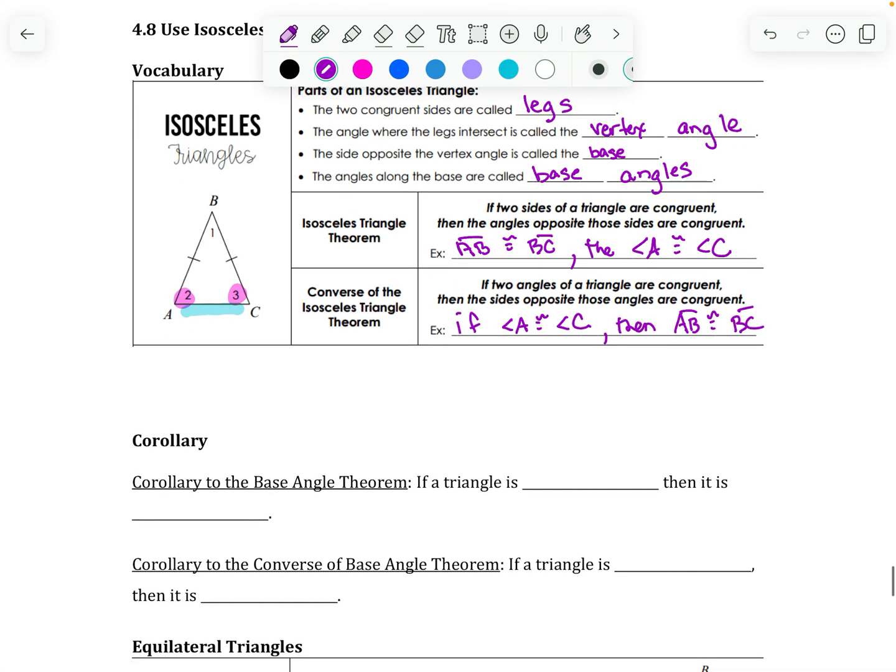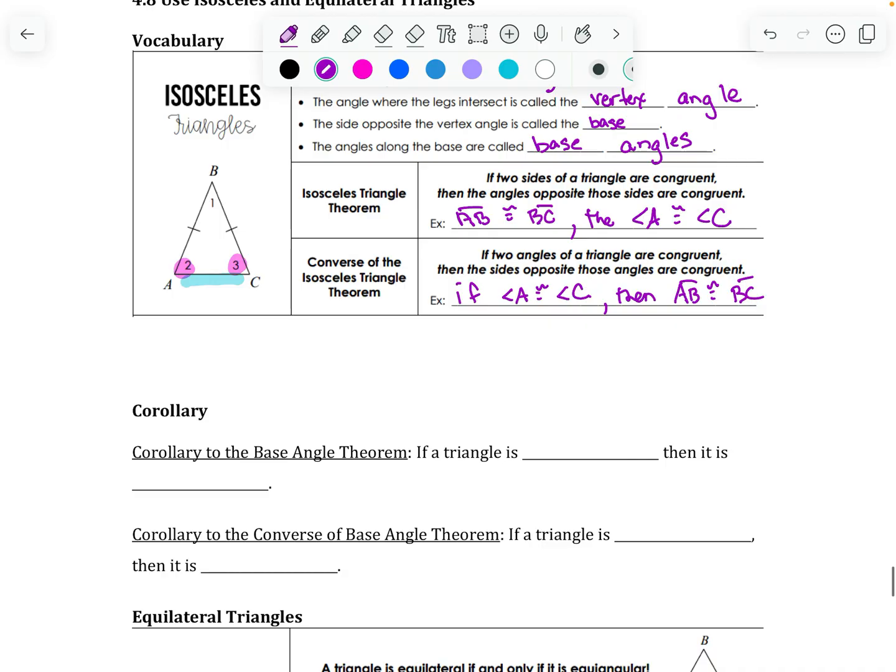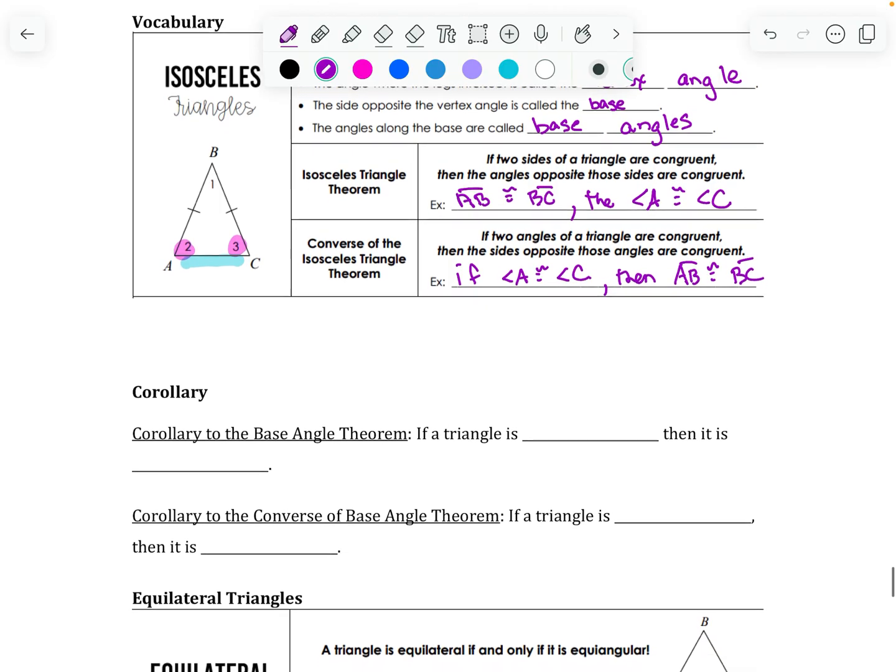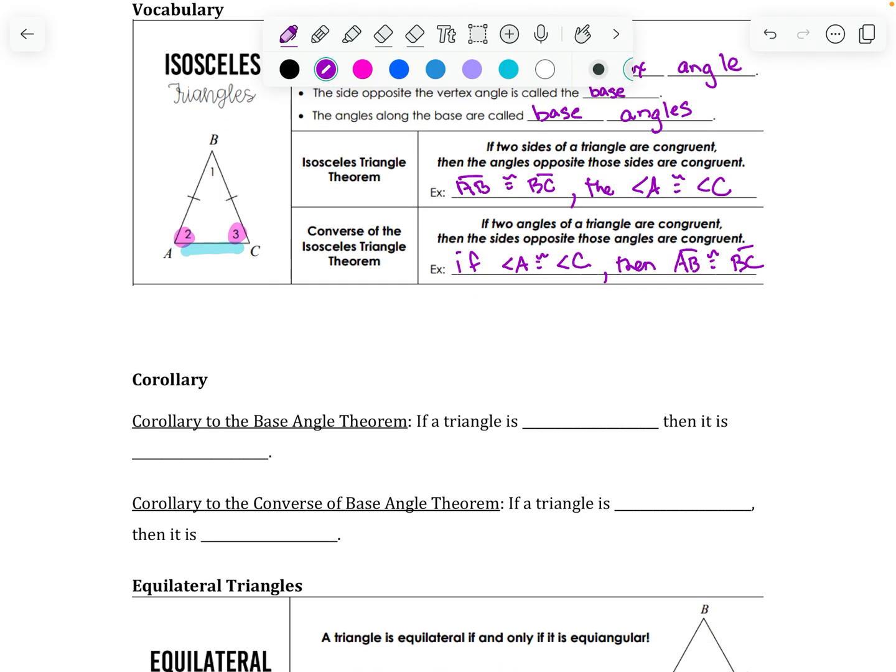Okay, so next we have the corollary to the base angle theorem, and that says if a triangle is equilateral, that means all sides are the same, then it is also equiangular. Three congruent sides means three congruent angles.